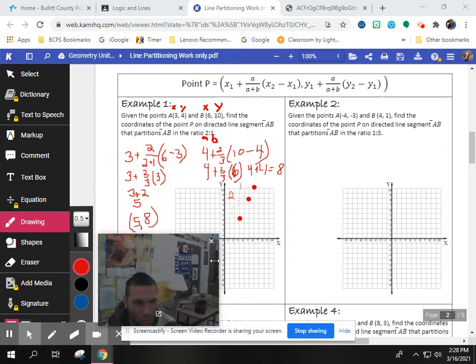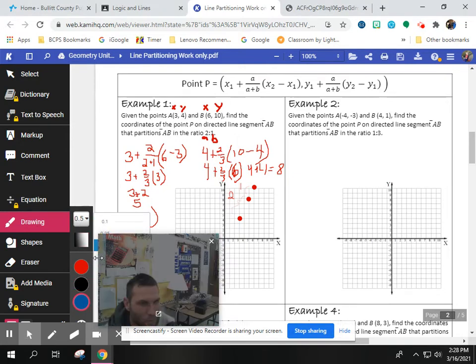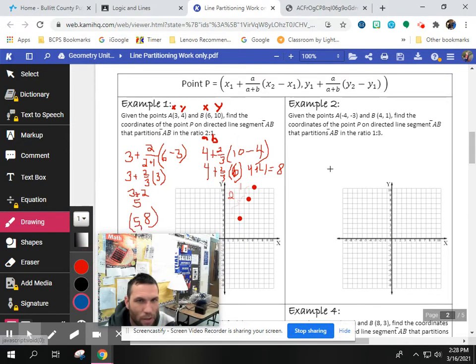What I want to encourage you to do is pause the video and try this one. Switch over to blue here. For this one, x1 is -4, and let's add the ratio. It's 1 over 1 plus 3, times x2, which is 4, minus -4.